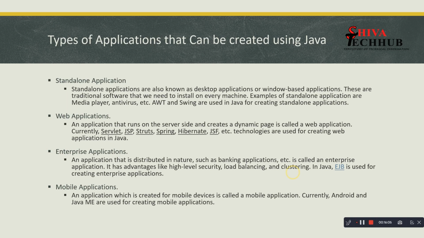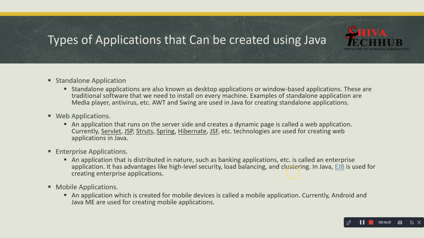So for example, standalone applications are nothing but desktop applications or Windows applications which require an operating system to run. It is software we need to run on any machine, wherever you want this software to run, like media player, antivirus, etc. When it comes to web applications, anything that uses web technologies for creation of that application is a web application.